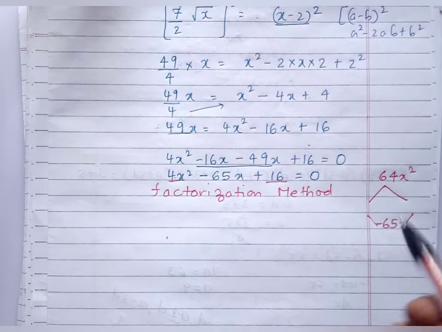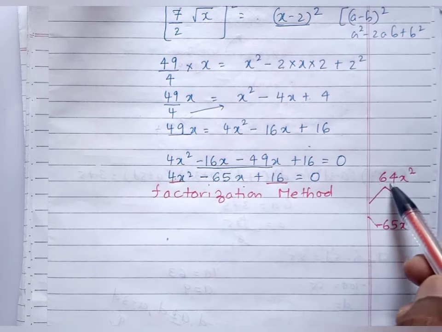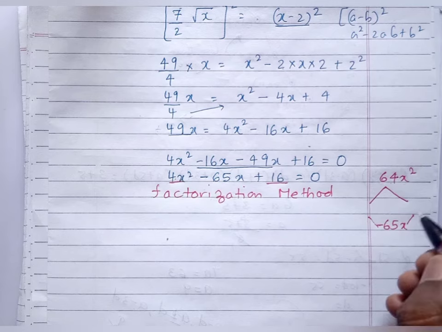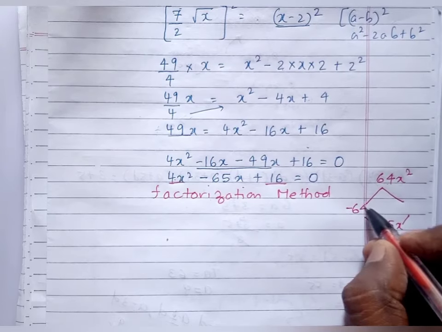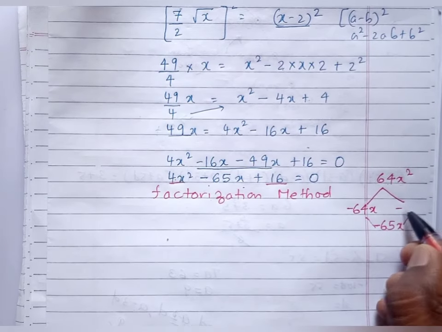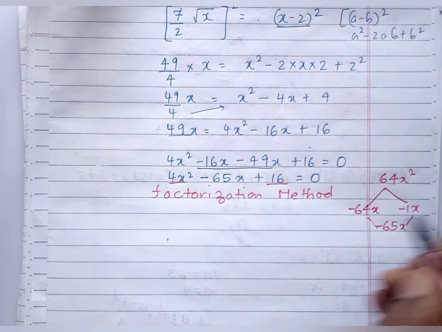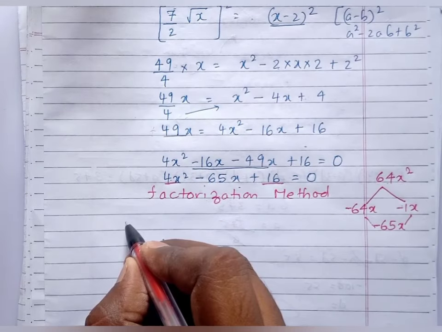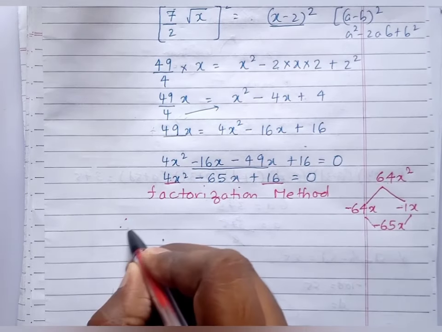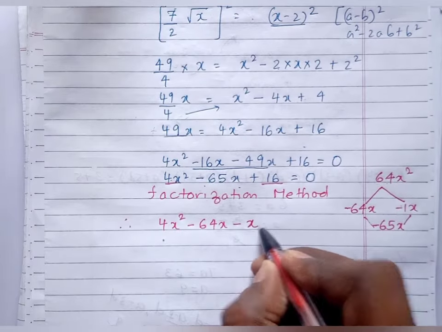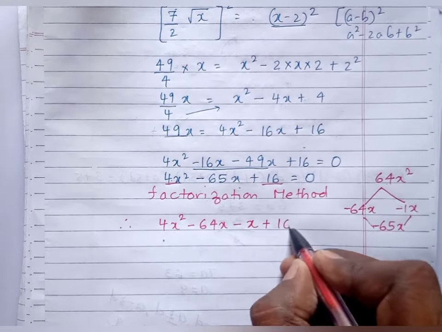What are the numbers? The numbers will be 64 ones are 64, 64 plus 1 is 65. So minus 64x minus 1x are the required terms. Now I'll split the middle term. 4x square minus 64x minus x plus 16 equals 0.